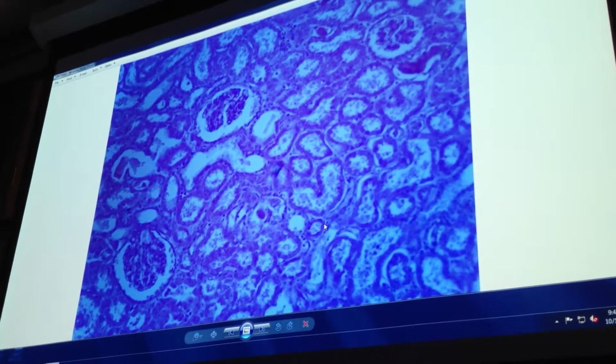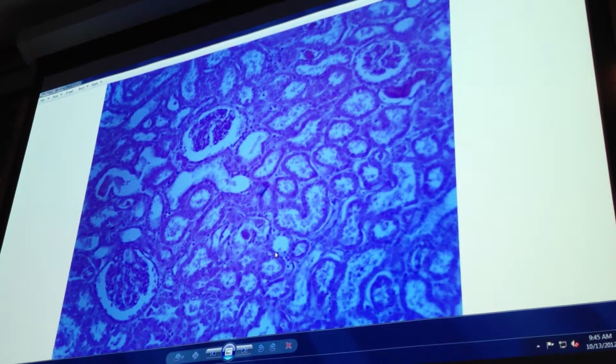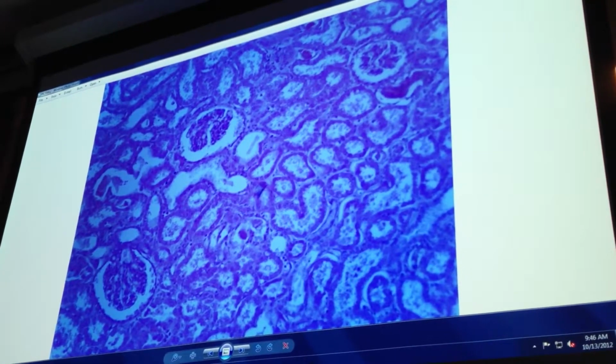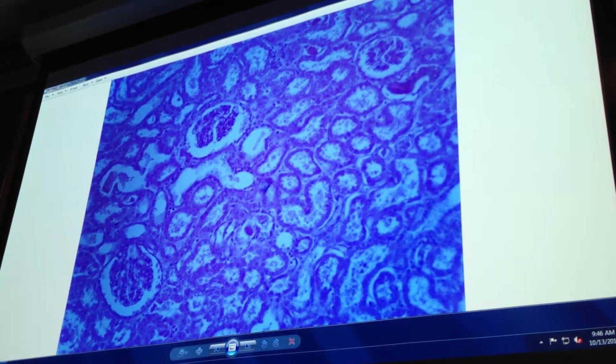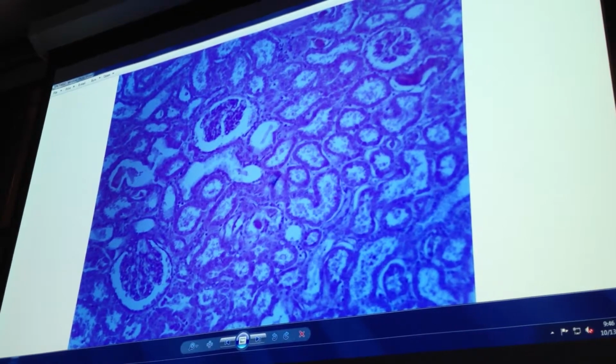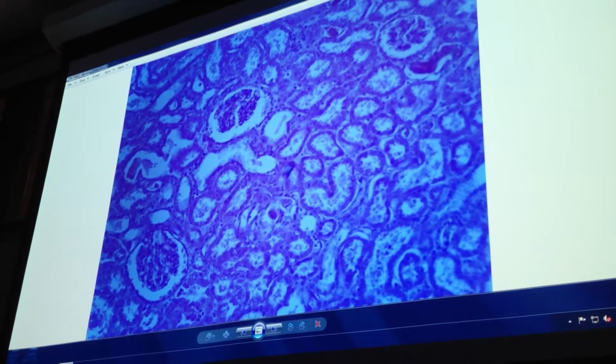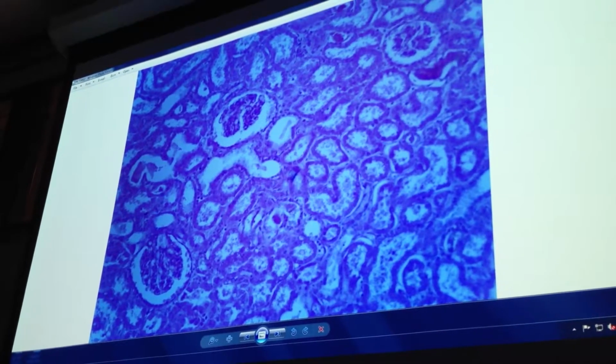Now, like I said, some of these slides are better than others. Sometimes I take them, sometimes they turn out, and sometimes they don't. What organ? Kidney. How do you know? Glomeruli. All the glomeruli there. What organ system? Urinary.